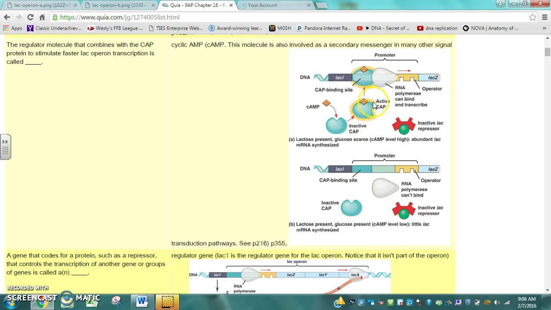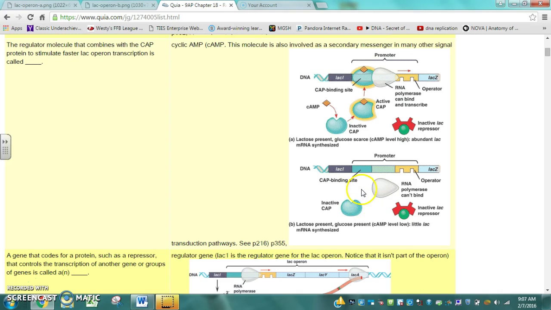So this activated CAP then goes to a CAP binding site, and it pushes the polymerase along and allows transcription to occur. So this would be your positive example. When this chemical is no longer present, then the CAP is inactivated down here, and it doesn't bind with polymerase, and it can't find the promoter. So polymerase needs the CAP's help.